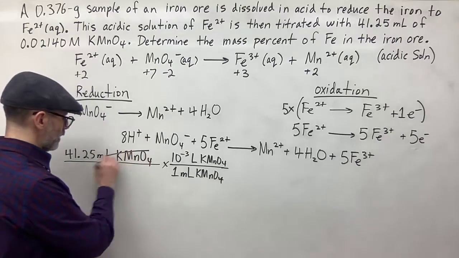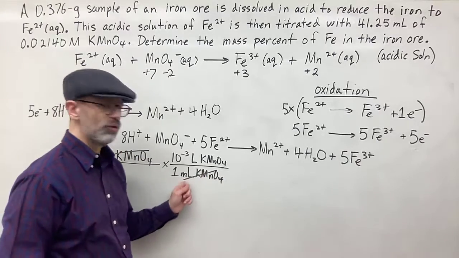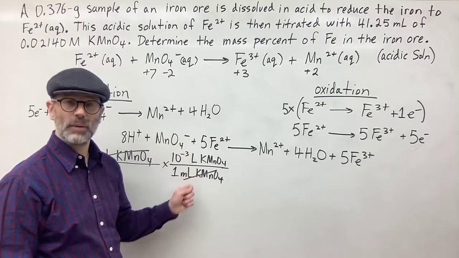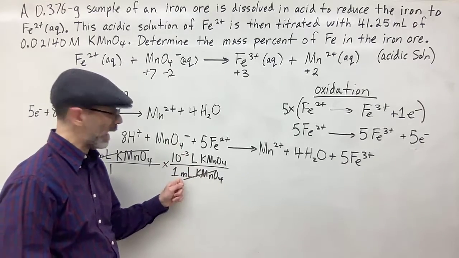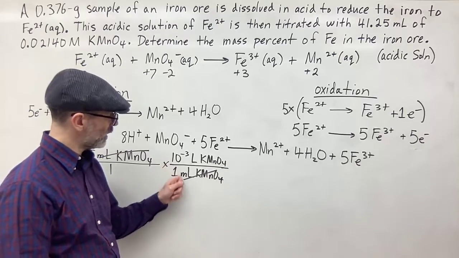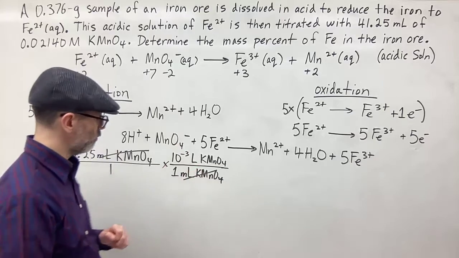Okay, so milliliters will cancel out. Again, I could have used 1,000 milliliters is equal to 1 liter. It's the same ratio. I know that milli means 1/1000th. So 1 milliliter is 1/1000th of a liter, 10 to the negative 3.